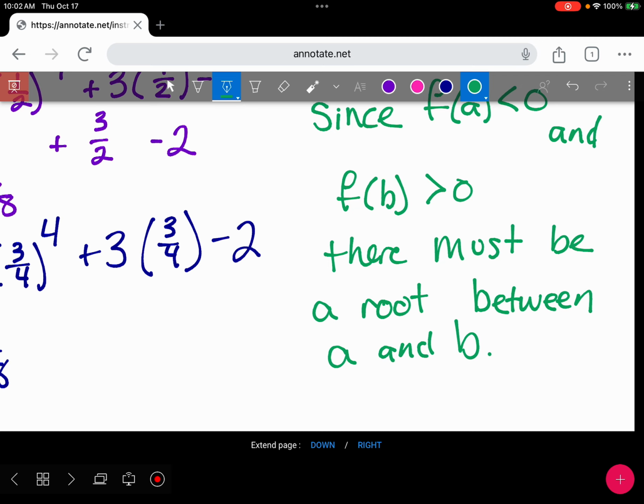So that's what our intermediate value theorem was telling us. Is it okay to say there must be a 0 between? Yeah. 0, root, solution, intercept, those things all mean the same thing.